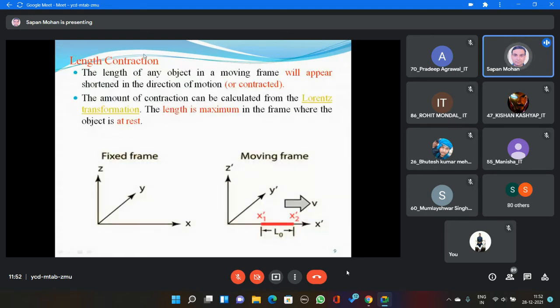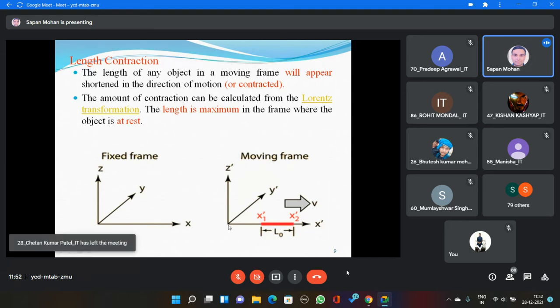Now the second thing is length contraction. I think I have explained this thing. Length contraction means suppose we have one fixed frame and one moving frame, and we have placed a rod in this moving frame.